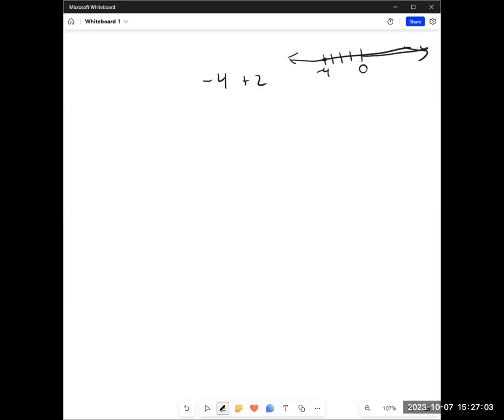And I'm going to move 2 to the right. And I'm at -2. I have -6 plus 5. Here's -6, and I'm going to move 5 in the positive direction. 1, 2, 3, 4, 5, and I get to a -1.